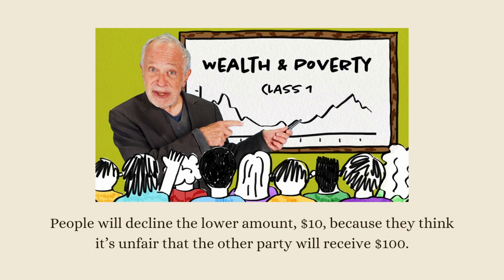More often than not, people will decline the lower amount, $10, because they think it's unfair that the other party will receive $100. They'll be more inclined to accept if the offer was $50 for each. 50-50, no more, no less, because they think that is the fair amount.